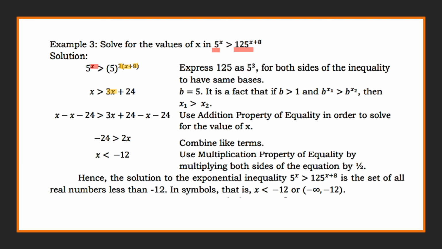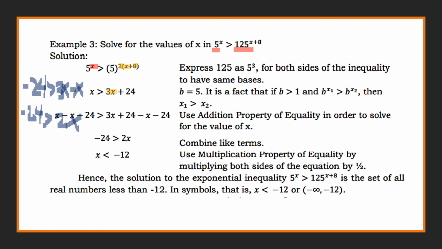So, this one, yung 24, itinranspose, magiging negative 24. Is greater than 3x minus x. So, magiging negative 24 is greater than 3x minus x, which is 2x.